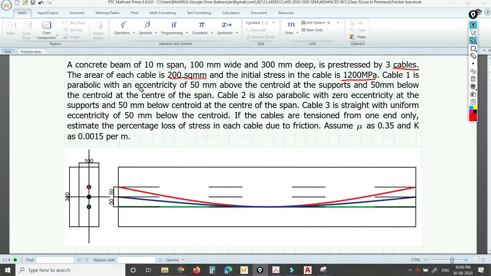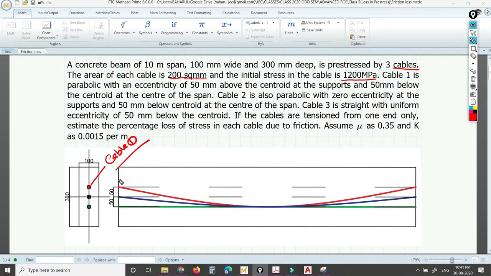Cable 1 is parabolic with an eccentricity of 50 mm above the centroid at the support and 50 mm below the centroid at the center of the span. So what does it mean? Suppose this red tendon is cable 1.